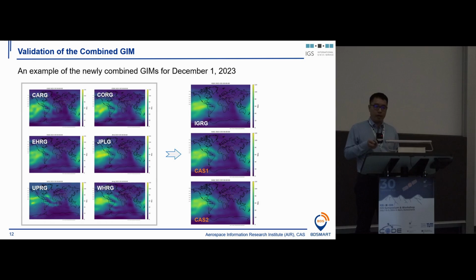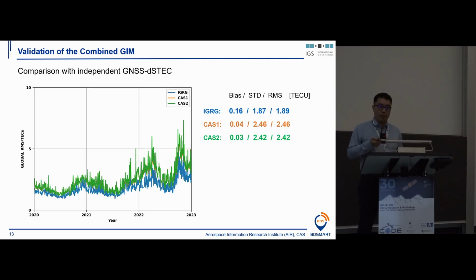We also made some independent validations. The first one is also the GNSS-dSTEC analysis, but in this way, we only use the independent IGS stations. When I say independent, it means that those stations do not contribute to the GIM computation of each individual ionospheric analysis center.